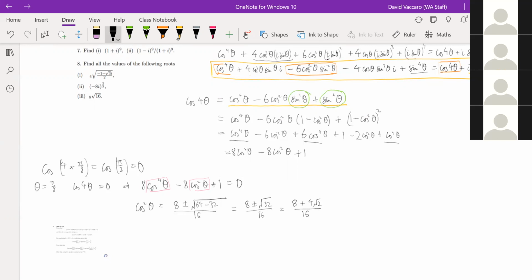And then if I divide top and bottom by 4, I get 2 plus or minus root 2 over 4. So cos squared theta is 2 plus or minus root 2 over 4, and so cos theta is plus or minus the square root of 2 plus or minus root 2 over 4.